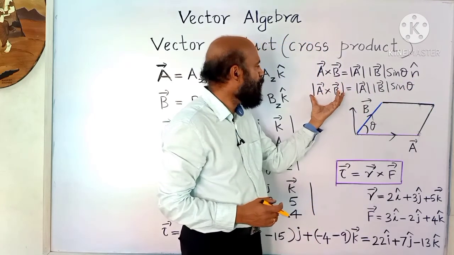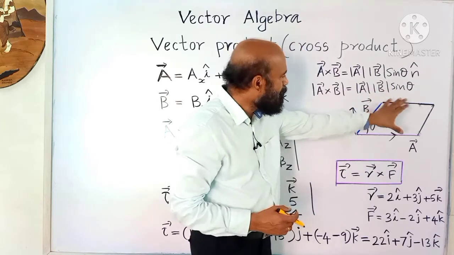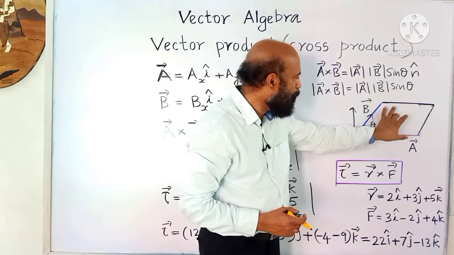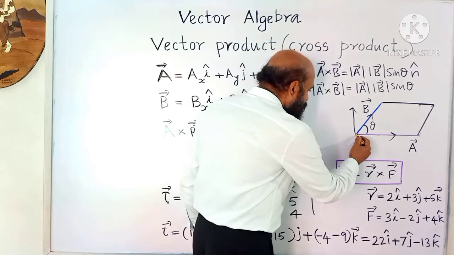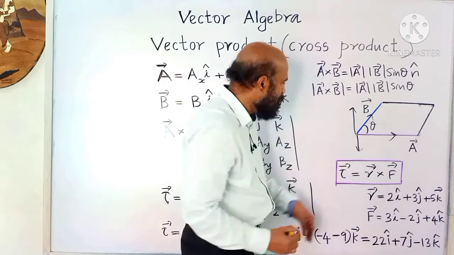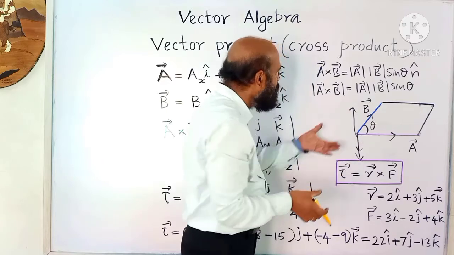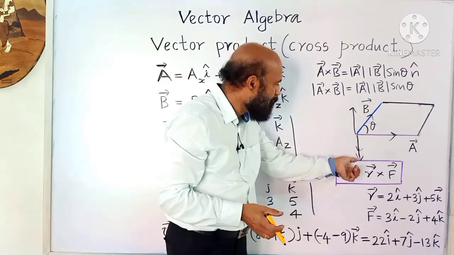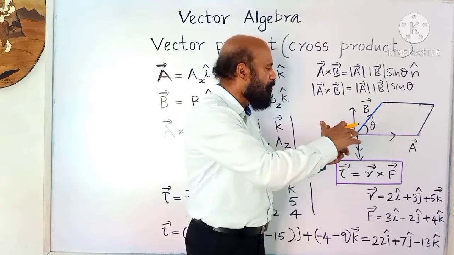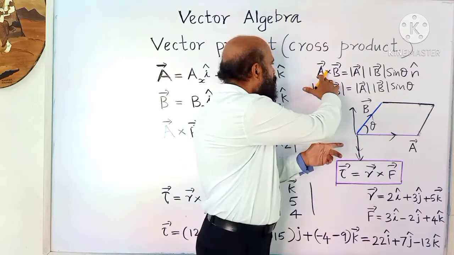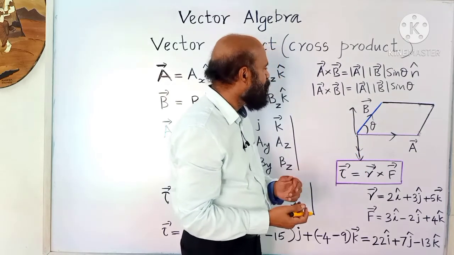So the magnitude of A cross B is magnitude of A, magnitude of B, sine theta. That represents the area of this parallelogram. B cross A is a vector pointing in the downward direction with the same magnitude as A cross B, representing the vector area. The top area is represented by A cross B, the bottom area by B cross A.